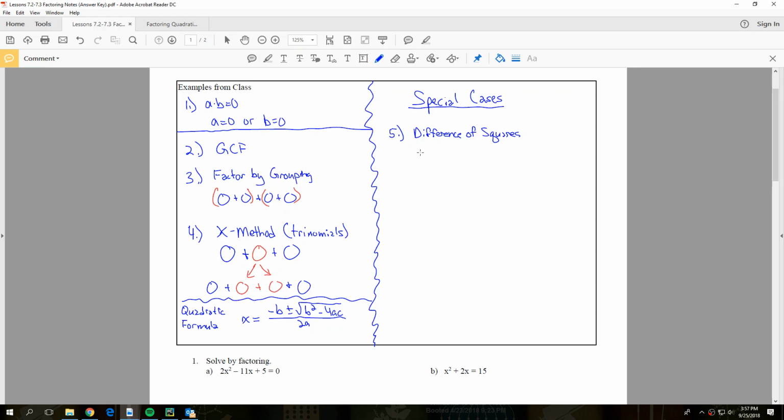If you have some kind of perfect square minus, which is where the difference comes in, it has to be the difference, not the addition of squares, a perfect square minus a perfect square, then this is always going to factor to whatever the square root of each is, which in this case is just a minus b times a plus b. That's it.